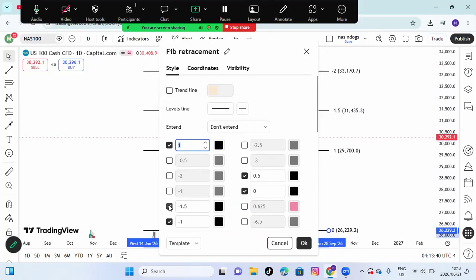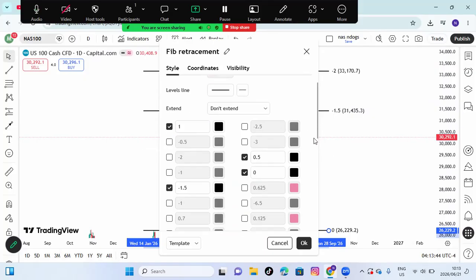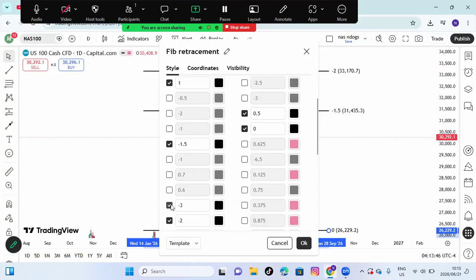So I'm gonna remove one and leave what we have, and then -2. No, two can remain, and three.